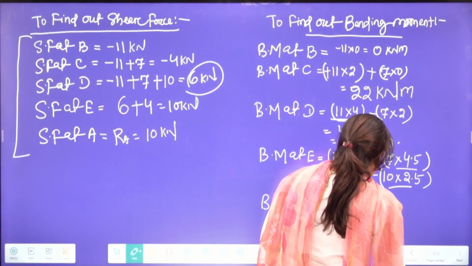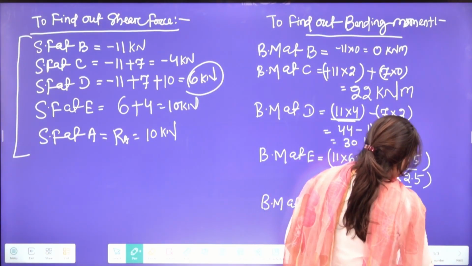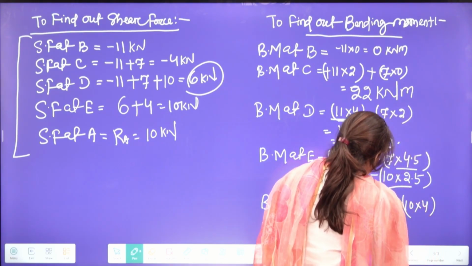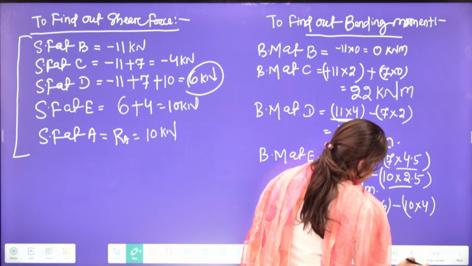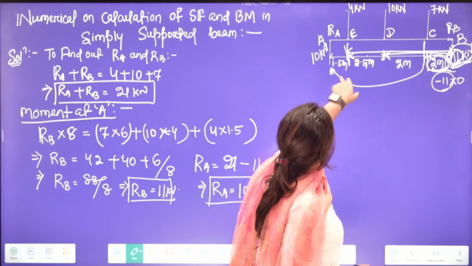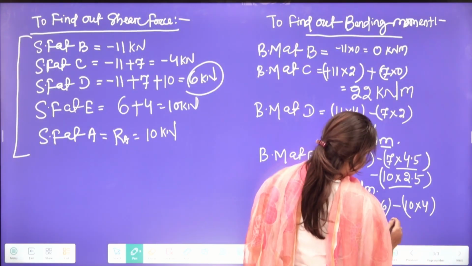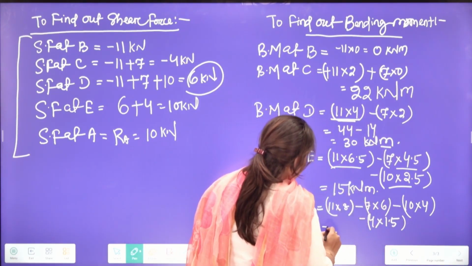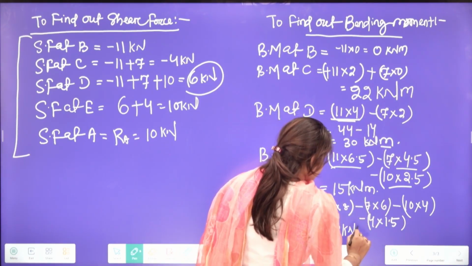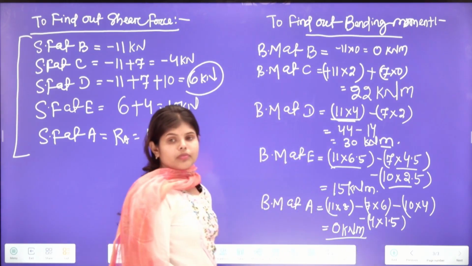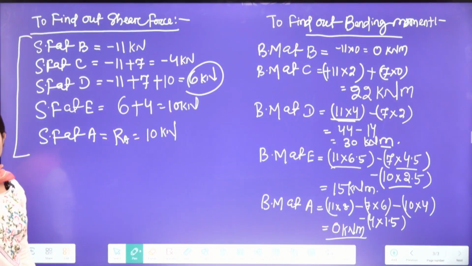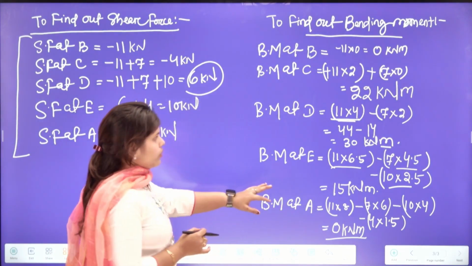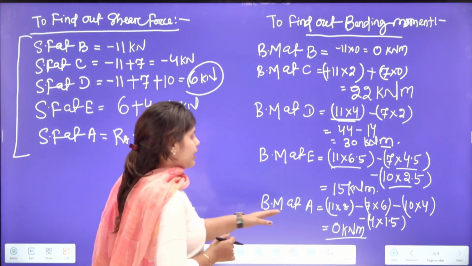Minus 7 into 6 minus 10 into 4 minus 4 into 1.5. If you calculate this, you will have 0 kilonewton into meter. Okay. So you can easily remember that bending moment at end support is going to be what? Always 0. So for recheck you can calculate this.